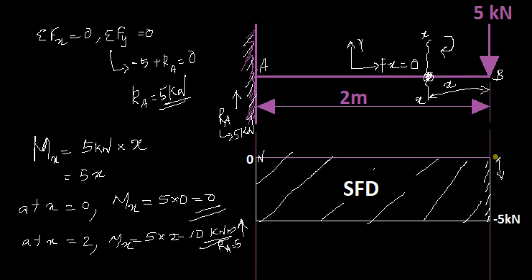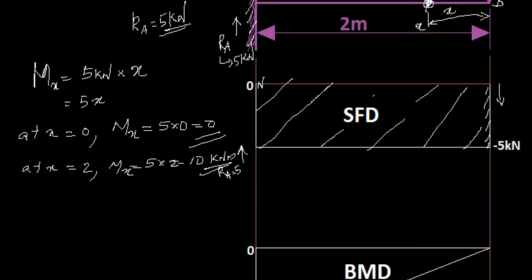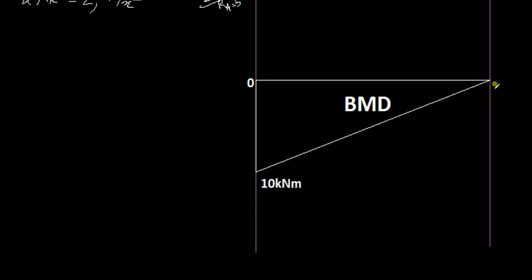So 0 and 10 kilonewton meter are your limits for bending moment. You can create your bending moment diagram from this information. Because it's a linear relation, as you can see, it varies linearly with x. There is no power to x in this equation, so it's a linear relation, and therefore it's a straight line. At x equal to 0, which is this point, the bending moment is equal to 0, and at x equal to 2, which is this point, the bending moment is equal to 10 kilonewton meter.